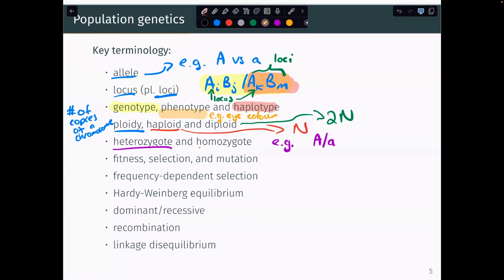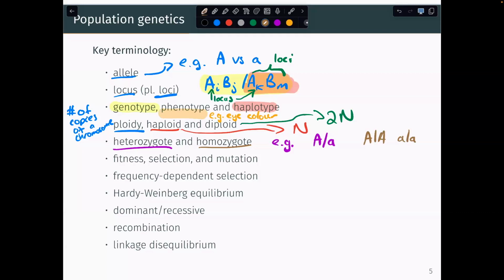Whereas a homozygote has the same alleles. Obviously, when we get to multi-locus models, we can have individuals that are heterozygous at one locus and homozygous at another. So more generally, we can think about the heterozygosity of individuals, if you like, as being the proportion of loci that are heterozygous.